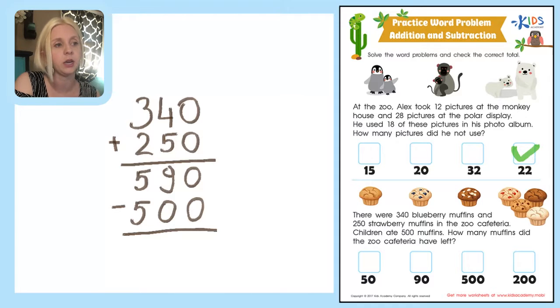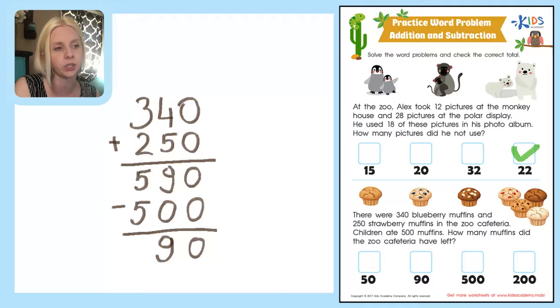So let's set that up. 0 minus 0 is 0. 9 minus 0 is 9. So far this is pretty easy. And then 5 minus 5 is 0. But since this is in the hundreds place, we don't need to write that down. We know it's 0. There's nothing there. So our total is 90. That's how many muffins the zoo cafeteria had left after the children ate the muffins.